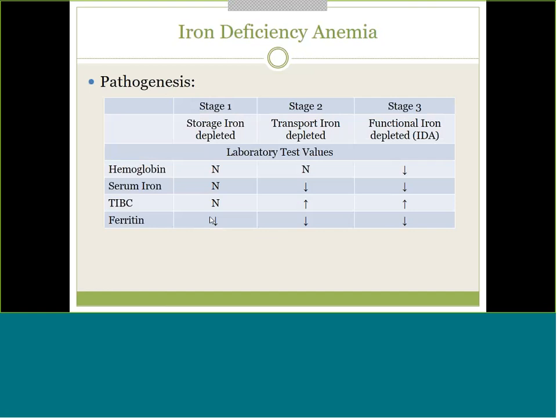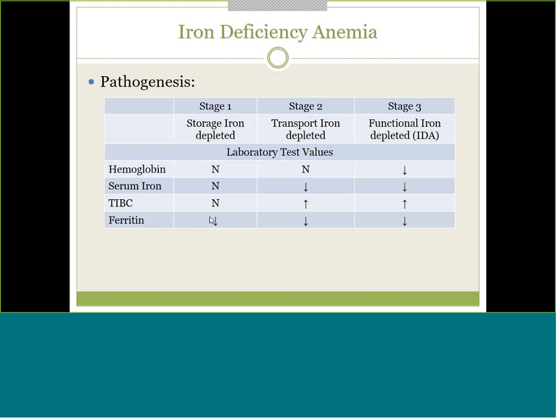In stage 2, that's when it affects the transport iron. So we've already depleted the stored, now we're going to deplete the transported iron. So you're going to see the serum iron value goes low, but the TIBC is increased, and that is a key finding with this anemia. So TIBC stands for total iron binding capacity.